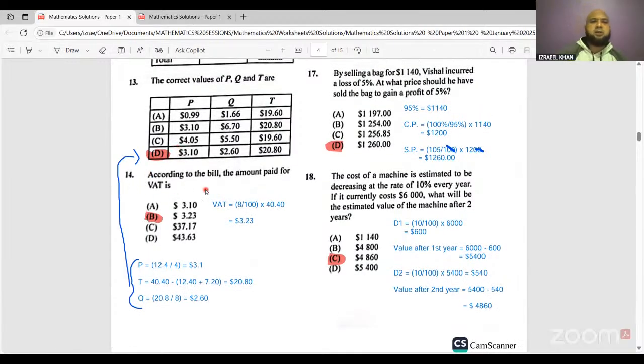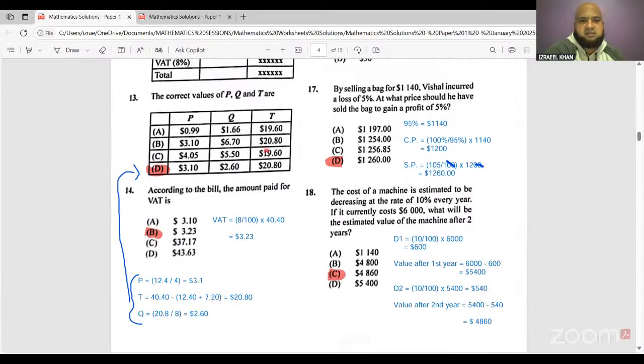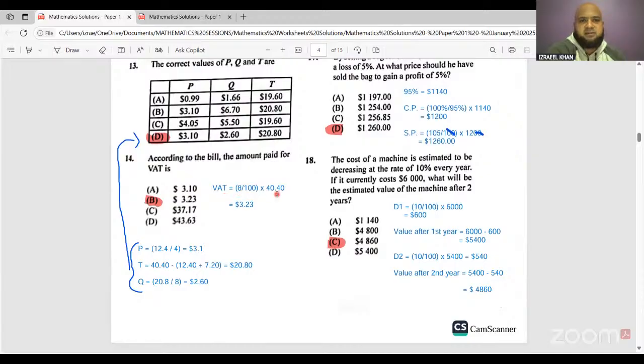Number 14, according to the bill, the amount paid for VAT is. Well, VAT, again, looking at the question, VAT is 8%. So we get 8% of $40.40. 8 over 100 by this.